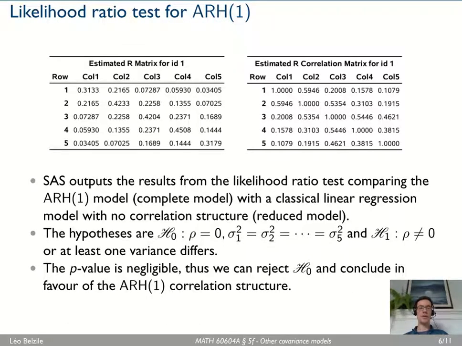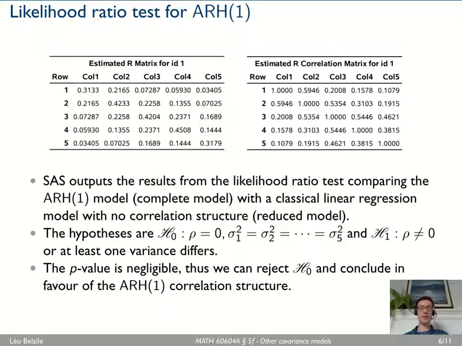You can see the estimated correlation, and I'd like to say, that's fantastic, but how can I make sure that this model, which is more complicated, with 4 extra parameters for the variance, is significantly better than, say, the AR1 or the model in which there's no correlation?